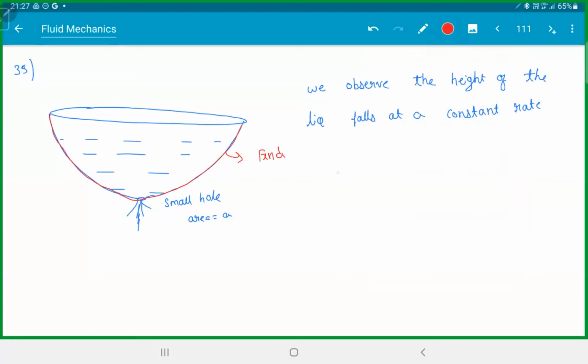This is an integer question. The equation of the bowl is equal to k into x power n. Find n. So this happens for a particular shape. So this is a very special bowl. No matter how much height you have, the water will fall at a constant rate.